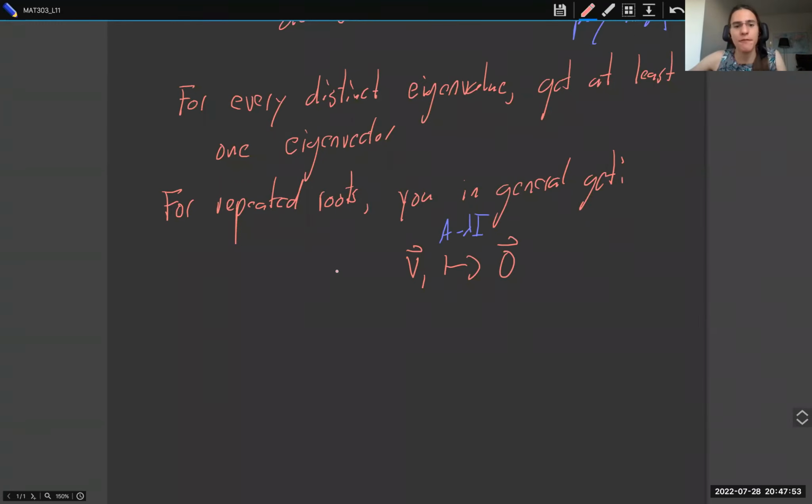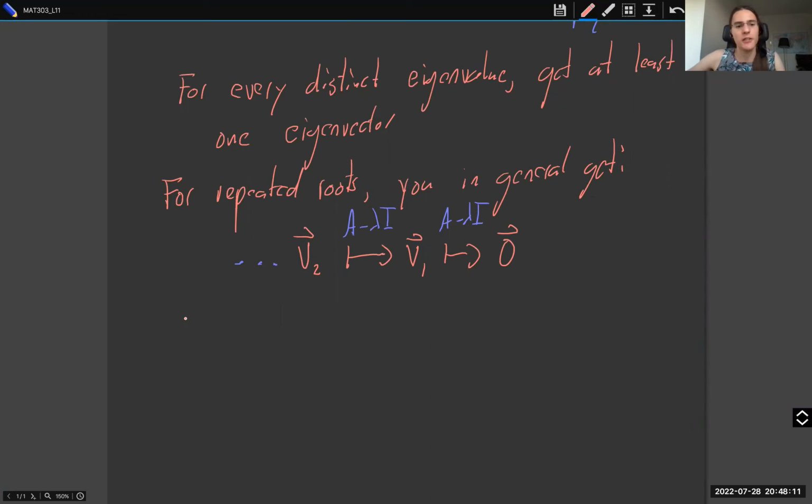But then you might have things where it's sort of a degenerate eigenspace and there's no second eigenvector, but there's a vector v2 that gets sent by A minus lambda I to v1. And this might continue for some orders. And in this case, we have a special ansatz.